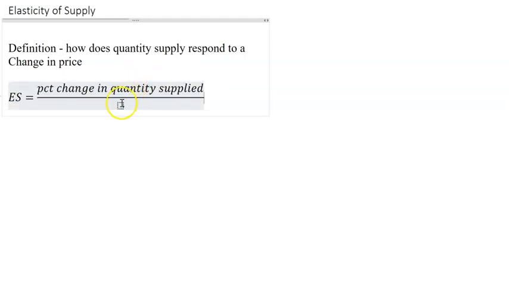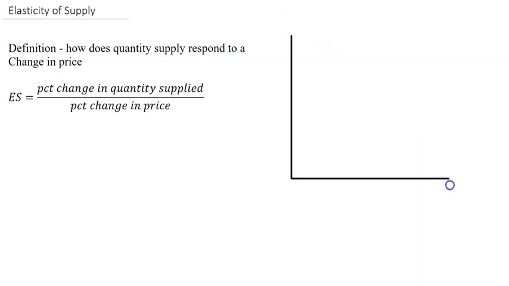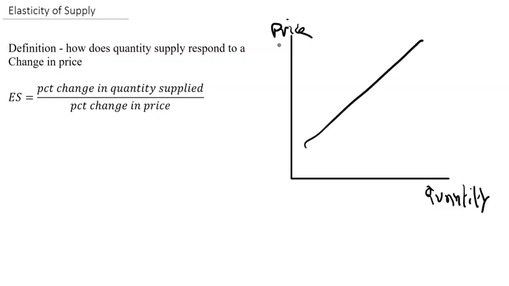Now, if we wanted to look at the formula of elasticity of supply, which stands for ES, it is going to be the percentage change in quantity supplied divided by the percentage change in price. If we wanted to show it graphically, let's say this is price, this is quantity, and this is my supply curve.